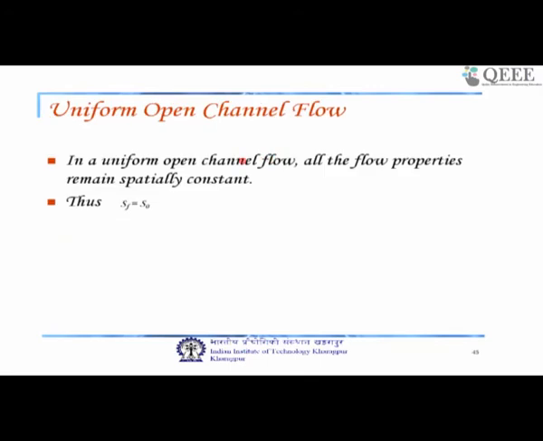So, uniform open channel flow. In uniform open channel flow, all the flow properties remain spatially constant. Thus, in this case your energy slope is equal to your bed slope. This is an important assumption here.